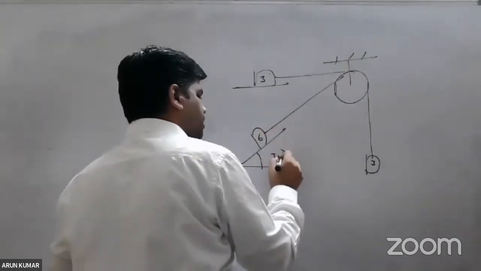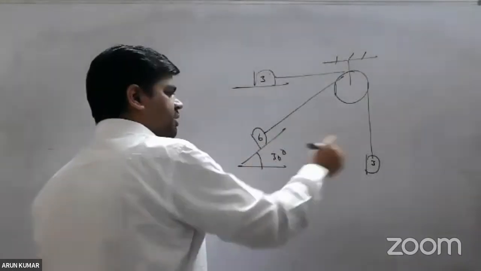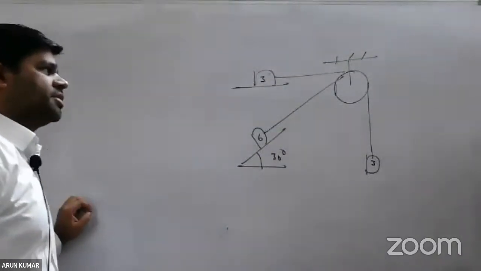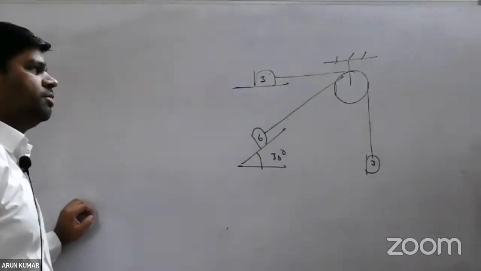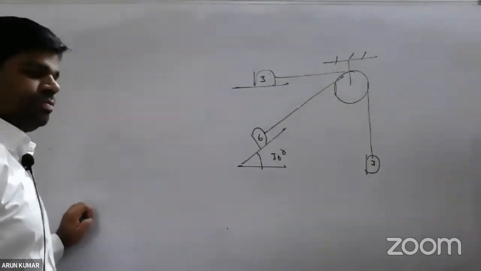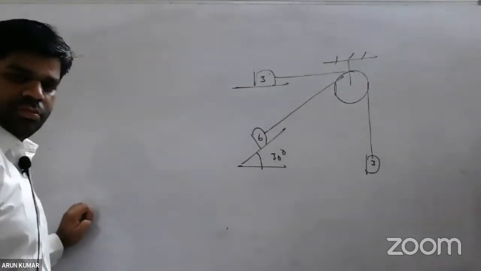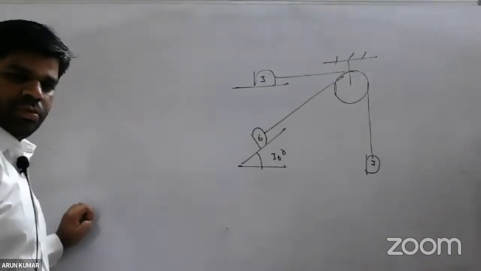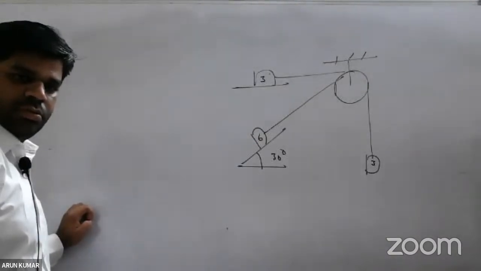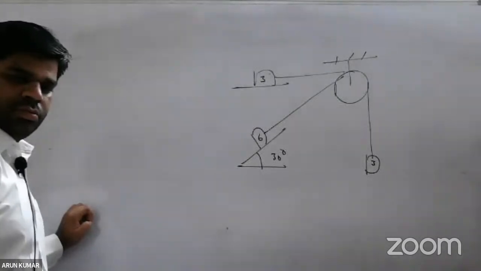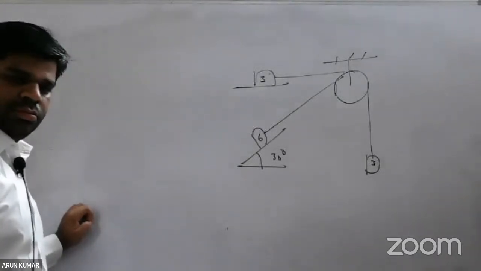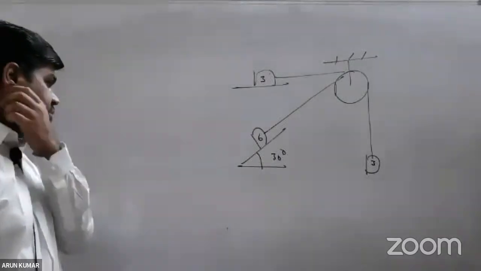It's 6 kg. 6 kg and 3 kg, 30 degrees. Tell me the acceleration now. You've done all these.